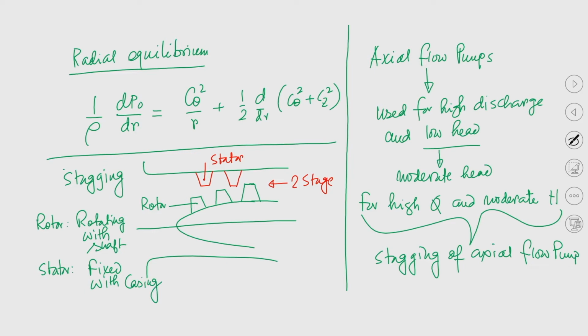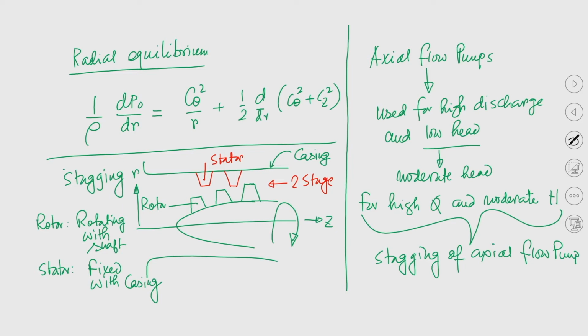So, the stators are fixed with the casing, this is the pump casing, while the rotors rotate with the shaft. This is the shaft and it will be rotating in this direction. This is the Z and this is the R direction.